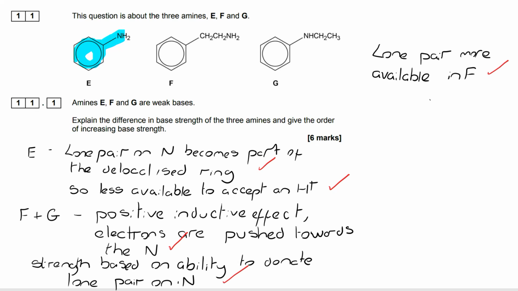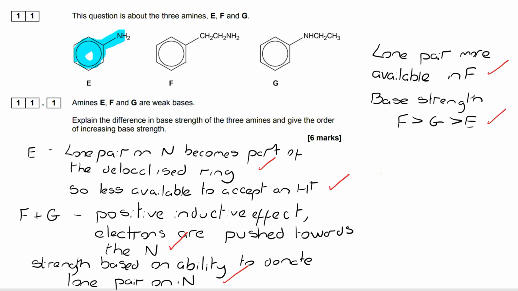So the lone pair is most available in F, because the N with the lone pair is far away from the benzene ring, but also it has the inductive effect from the CH2NH2. And we know that E is going to be the weakest base because the lone pair becomes an extension of the delocalized ring.